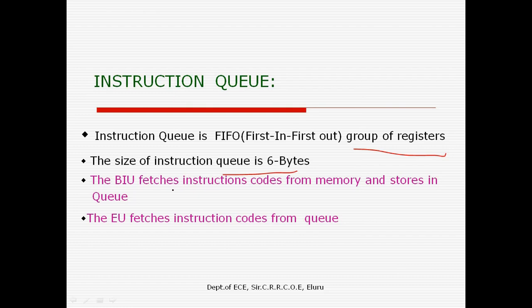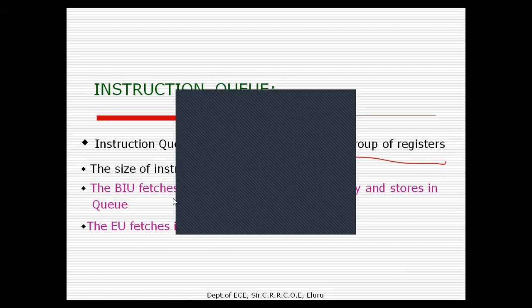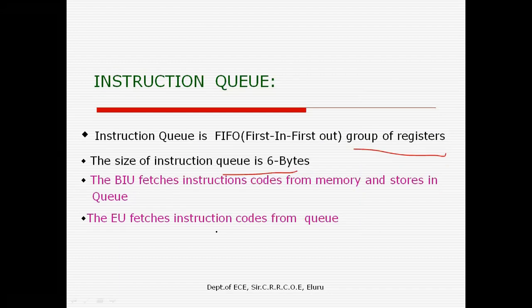In a simple way, the instruction queue can be defined as a group of registers which works on the principle of first in first out, and its size is 6 bytes. The prefetched instruction data are placed in the instruction queue by the bus interfacing unit. So this is about the instruction queue.